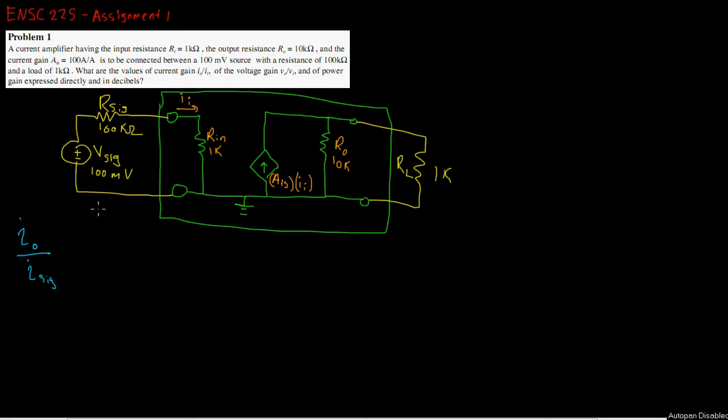So really the way we're going to do this is the output current over the signal or input current is this symbol here, A_I, and it's going to be somehow related to A_IS, the open loop gain.